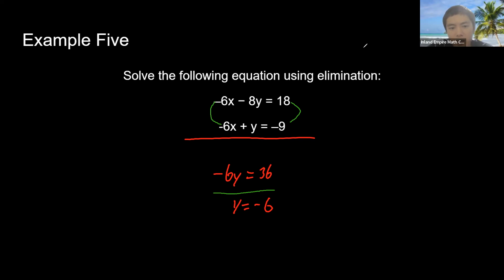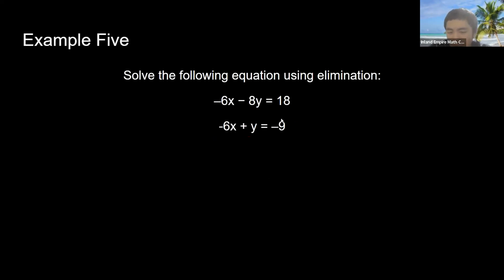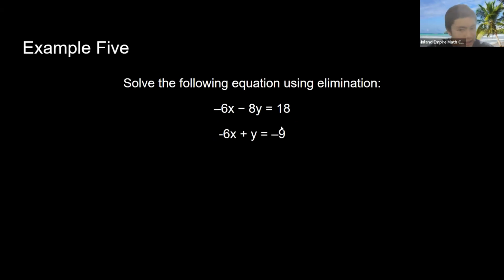In this case, again, we want to somehow combine the equations so that we can put them together and cancel out one of the variables. So what might we do in this case? Does anyone have any ideas? Justin, what do you think we should do?